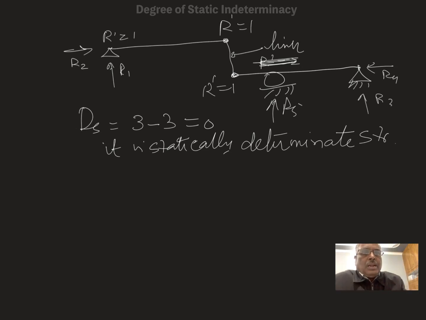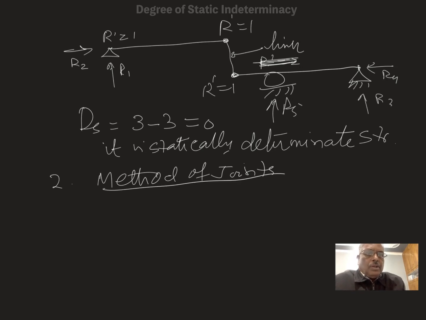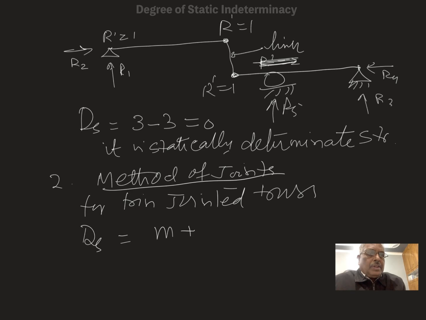Now I'm going to the second method, which is called method of joints. Method of joints I'm going to use for pin-jointed truss. So how to find this? M plus R minus 2J. Why? M is the number of members. Each member is either in tension or compression, so there is only one force.